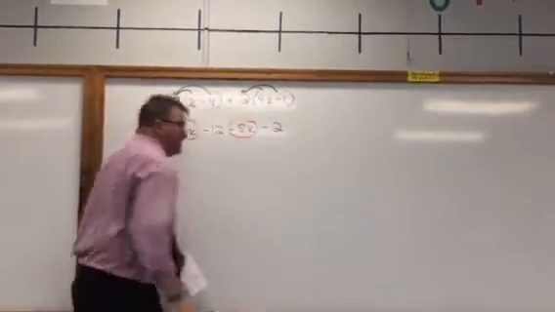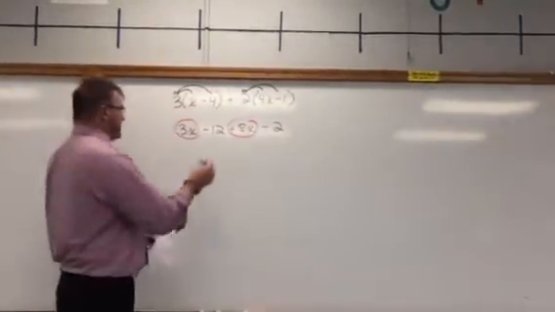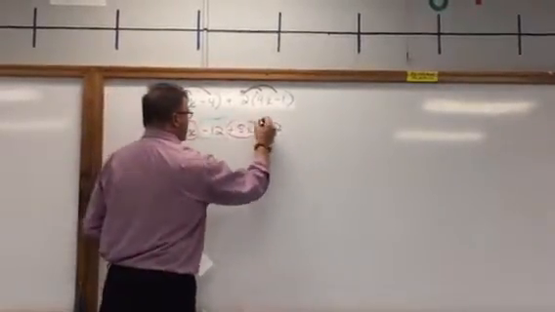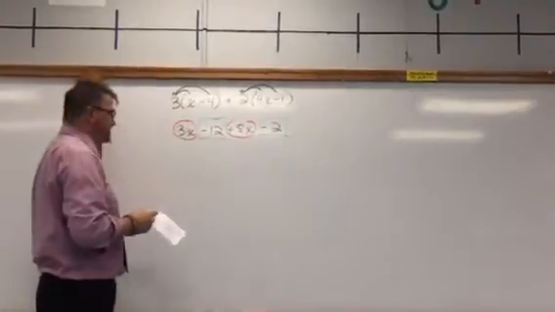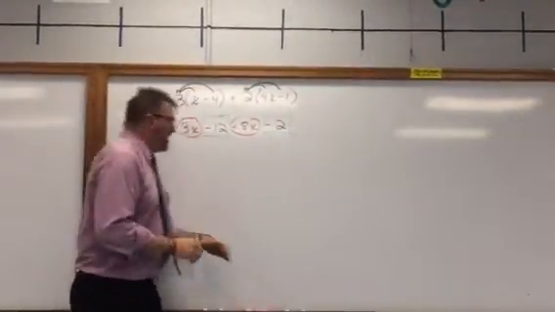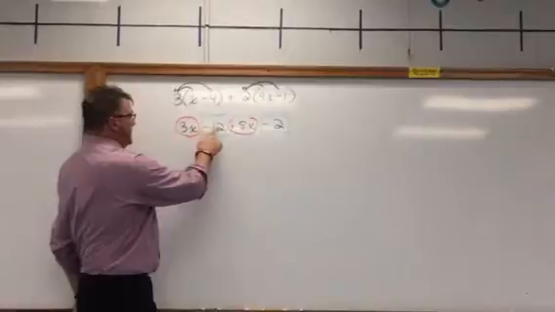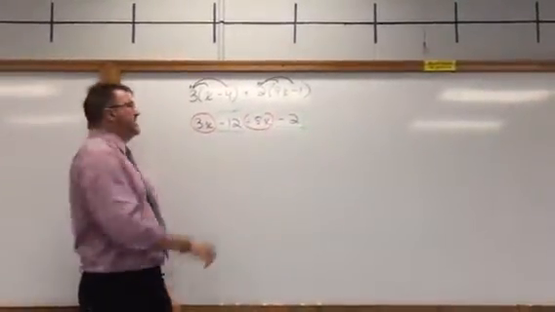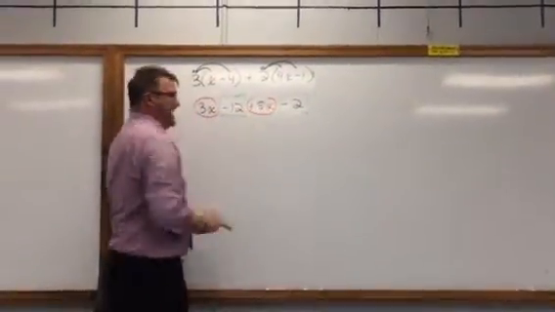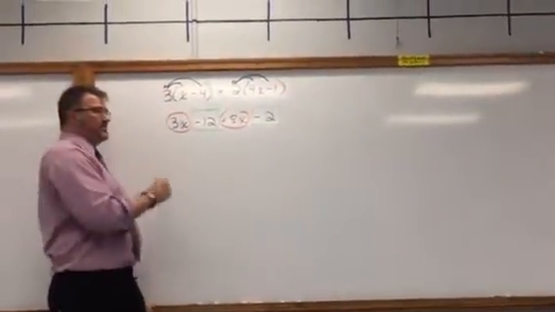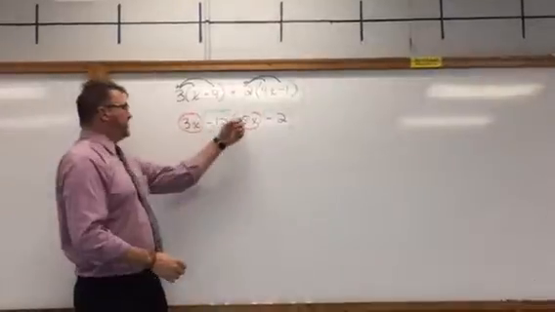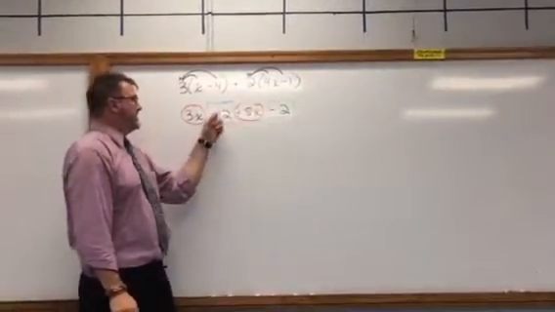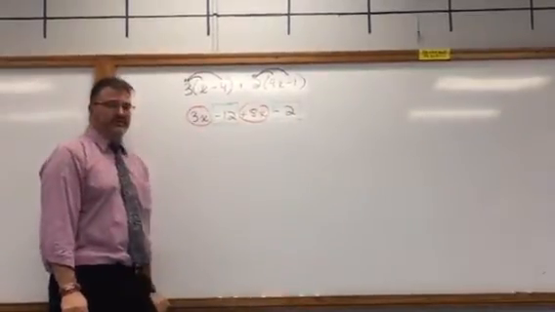And if you are using pencil, don't have colors handy like I do, you could put boxes around those. You'll notice that I have included the sign in front of these are called terms. The things that are being added or subtracted in an expression are called terms. The variable terms have the variables on them. The constant terms are just numbers.